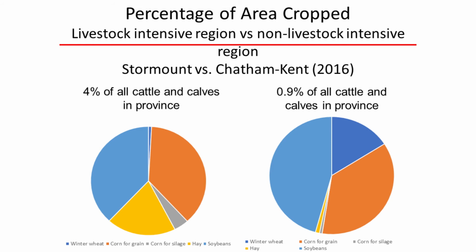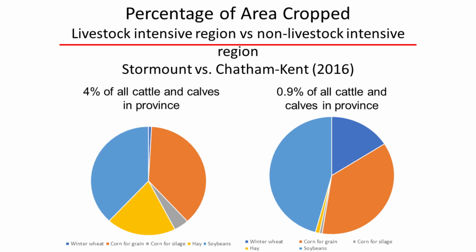And then when we look at the mix of crops that are grown in terms of the proportion of land area in these counties, the livestock intensity is reflected in that cropping system mix. So in Stormont, Dundas, and Glengarry, SDG, we have quite a bit of soybean grown, quite a bit of corn for grain grown, but we also have quite a bit of hay and also corn for silage.